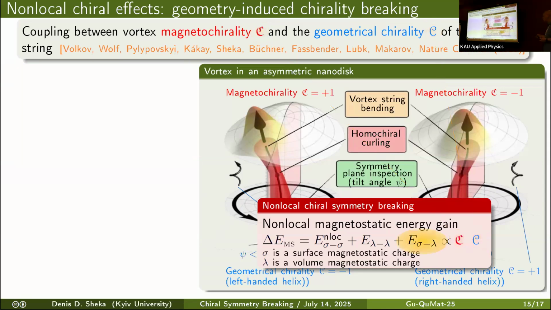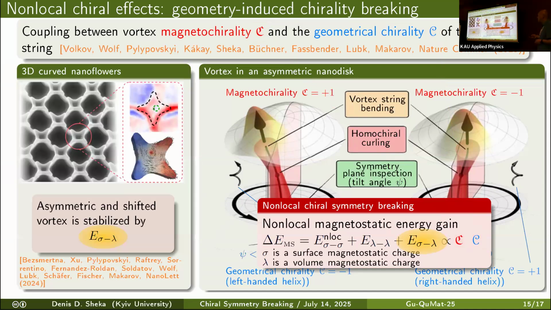What is important is that one of the important contributions is the interaction between the surface and volume charges, which is not typical for a flat system. And the last picture here: very recently this interaction between volume and surface charges was analyzed in curved nanoflowers, leading to the shift of the vortex from its center.